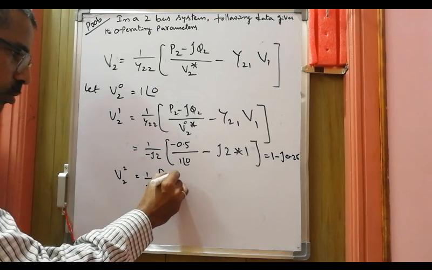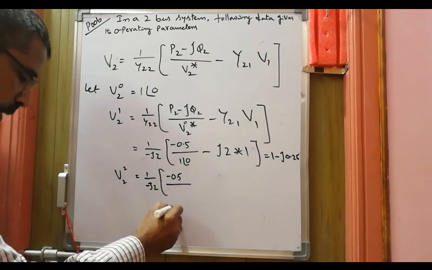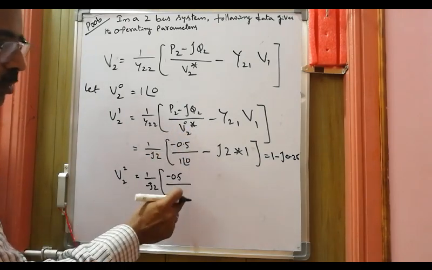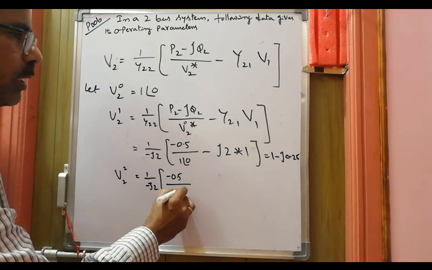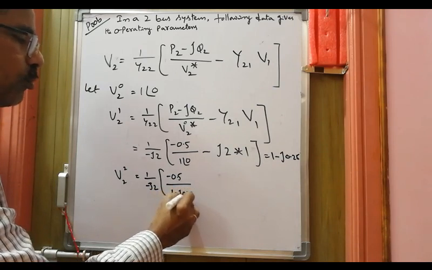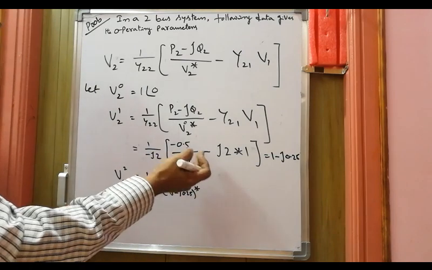P2 minus JQ2 is also same, divided by V2 now substituted, 1 minus J0.25 conjugate. Earlier, 1 angle 0 means conjugate is same.